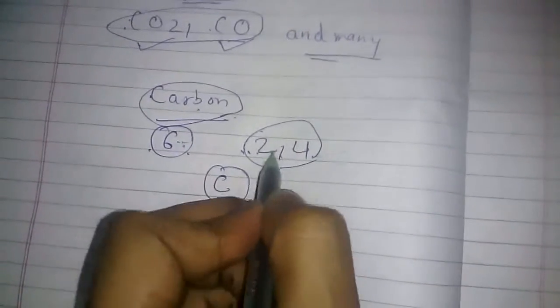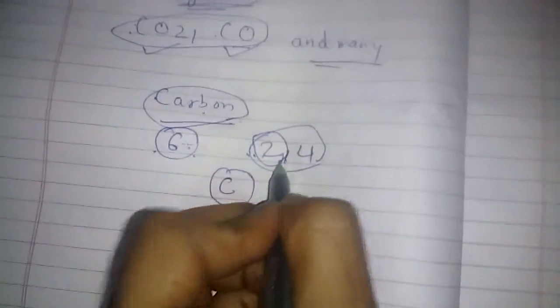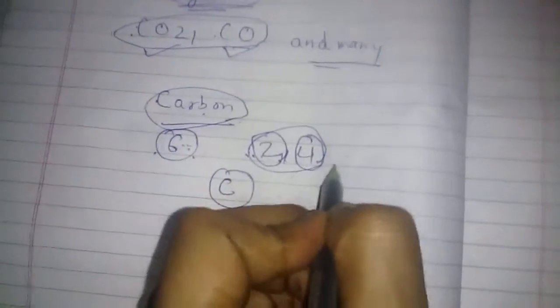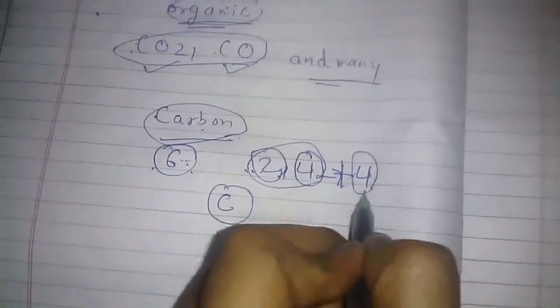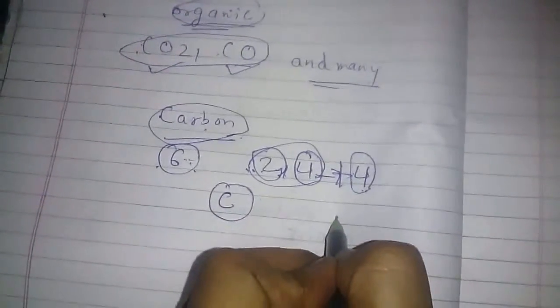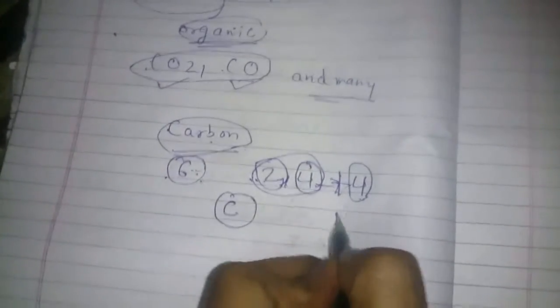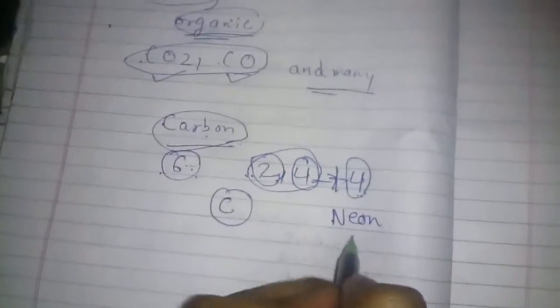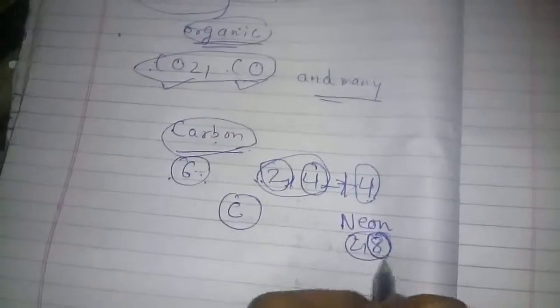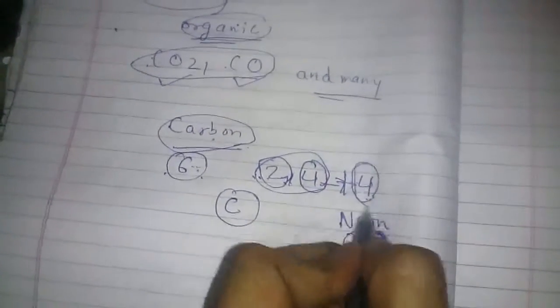So in a carbon atom, the first shell is stable, and the second shell needs 4 more electrons so that it could form a structure like the nearest noble gas, neon, of 2, 8. For completing this 8 it requires 4 more.